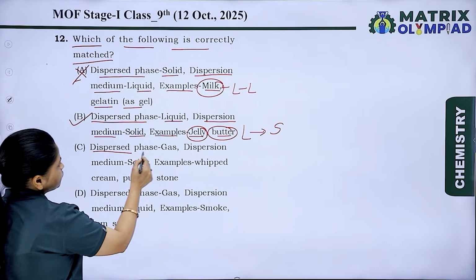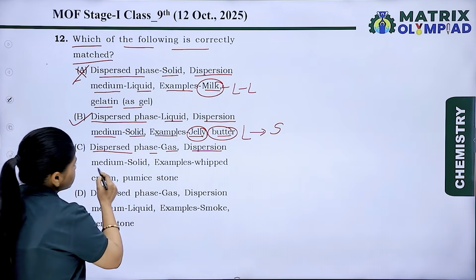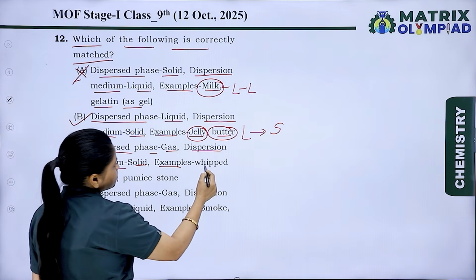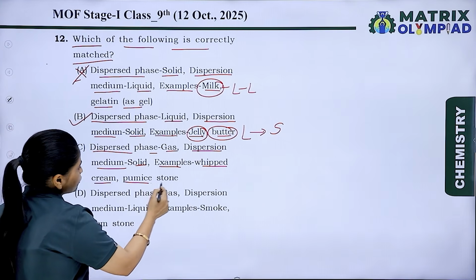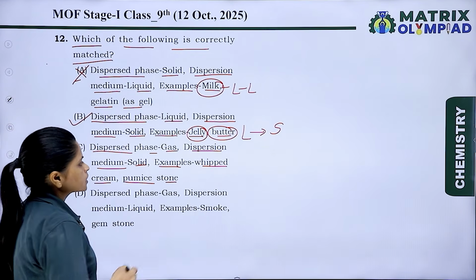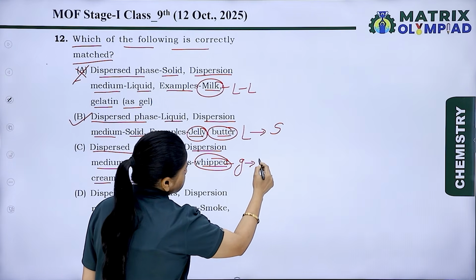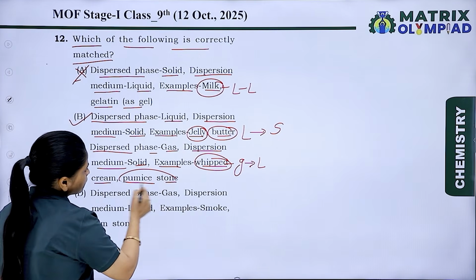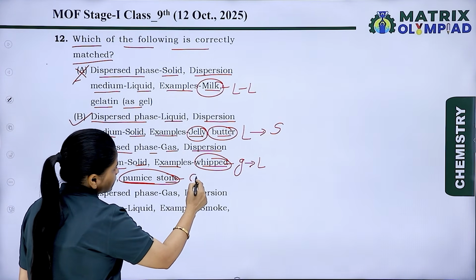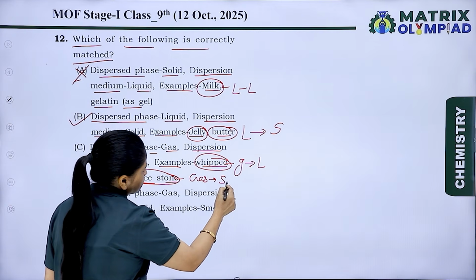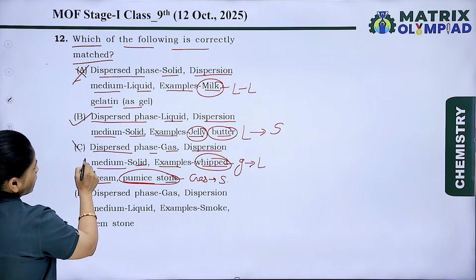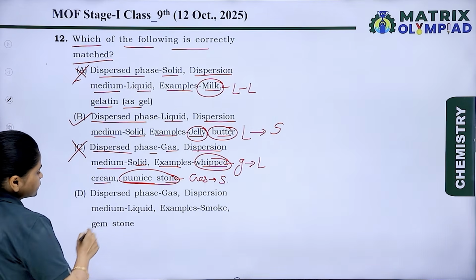Now, option C: dispersed phase gas, dispersion medium solid. Examples: whipped cream and pumice stone. Let's discuss. In whipped cream, we know it is gas in liquid, and pumice stone is gas in solid. So this is again not correctly matched.